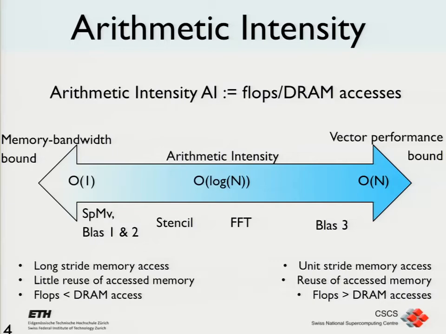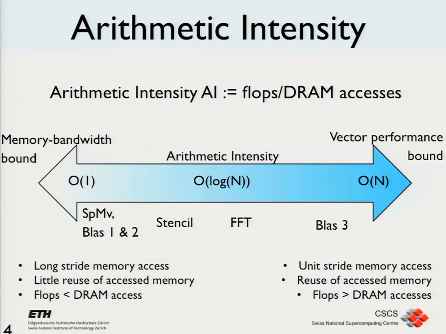You have little reuse of the data accessed in the memory, and the number of flops is inferior to the DRAM accesses, which means that when the CPU wants to do a floating point operation, it will have to wait a long time before getting data from the memory. So it will stall more or less.